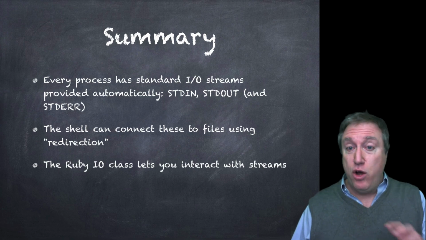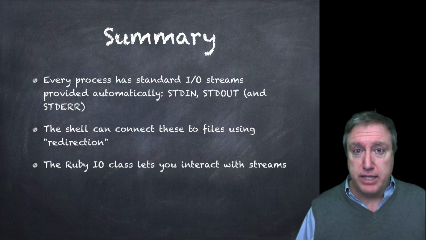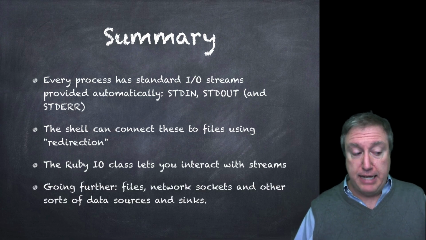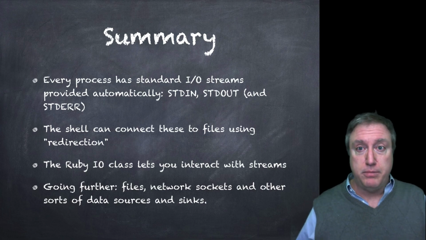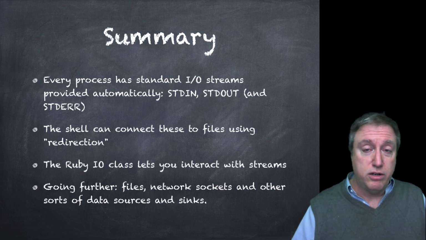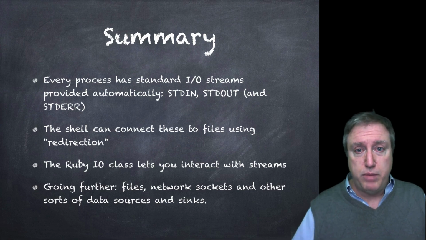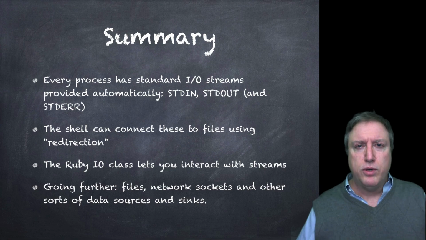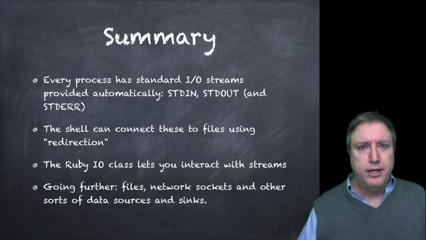The Ruby I/O class lets you interact with these streams and not only get data from devices like keyboards or displays, but also to get data from files, from other processes, whether they're on the current machine or they're connected to you by a network. Okay, that's redirection for doing simple input and output with Ruby.